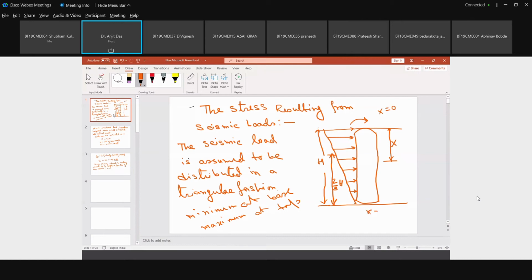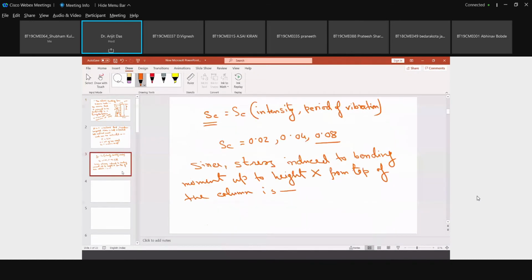Now, the bending moment at any level x from the top is nothing but SC, the seismic coefficient, into W, the weight, into x squared divided by 3, into 3h minus x, divided by h squared, the total height squared.